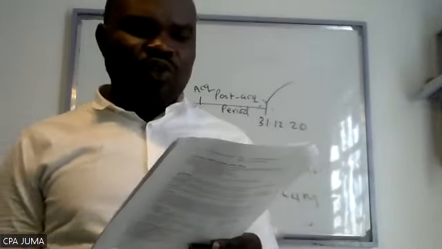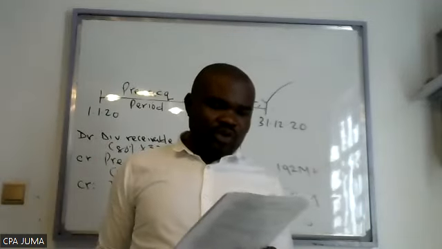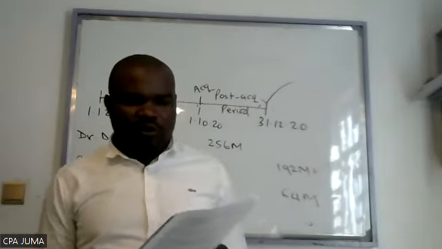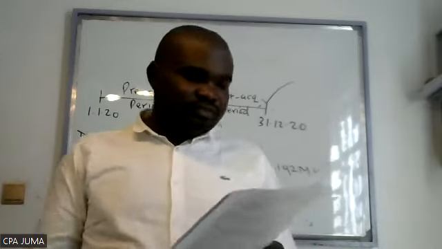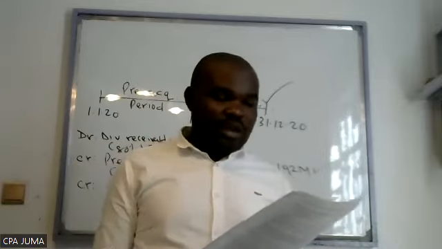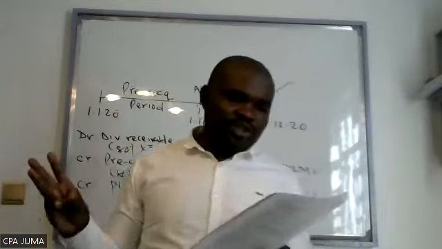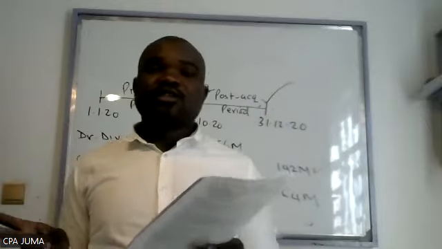We have joint arrangements. It is an arrangement in which two or more parties have joint control. What is joint control? It is the contractually agreed sharing of control of an arrangement. Types of joint arrangements. I've seen that question being rampant. We have two of them: joint operations and joint ventures.